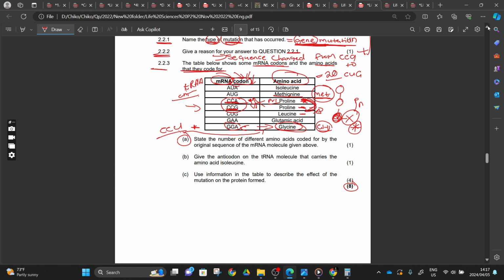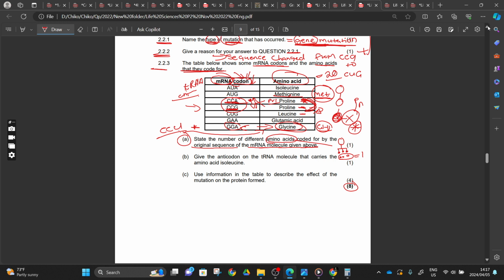Number 2, state the number of different amino acids coded for by the original sequence of the mRNA molecule given above. So when we want the different amino acids, you know that one amino acid is carried by a tRNA having 3 anticodons. So if we have 3 codons on an mRNA, those 3 codons result in 1 amino acid.